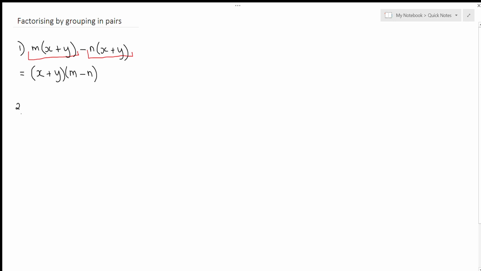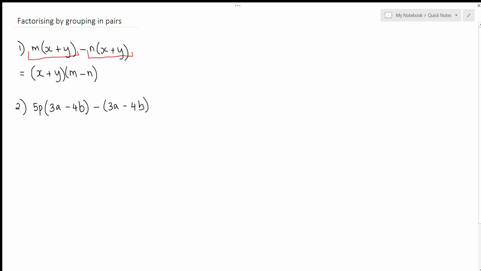Let's have a look at another example. Number 2, we have 5p, 3a minus 4b minus, and here we have 3a minus 4b. So we identify how many terms you have in the expression.